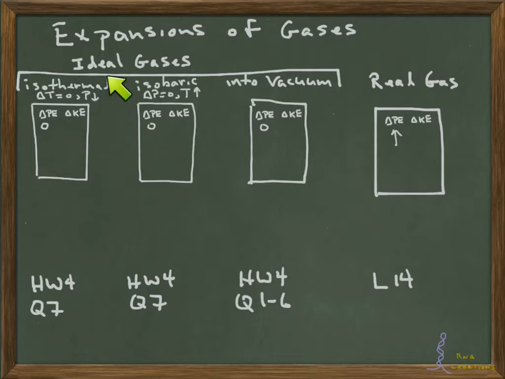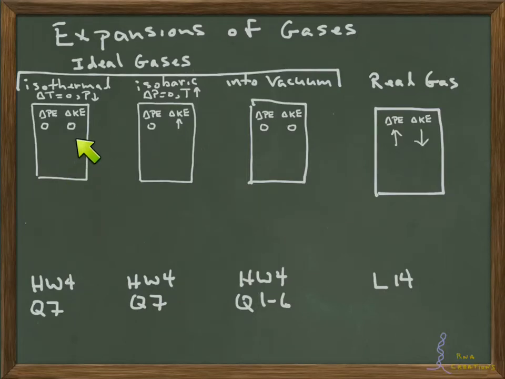Because the first 3 are ideal gases, delta PE, because there's no bonding, can be immediately set to 0. In the fourth case of the real gas, in our example of the fire extinguisher, CO2 went from high pressure to low pressure. It overcame attractions, and bonding was broken, and so delta PE is positive.